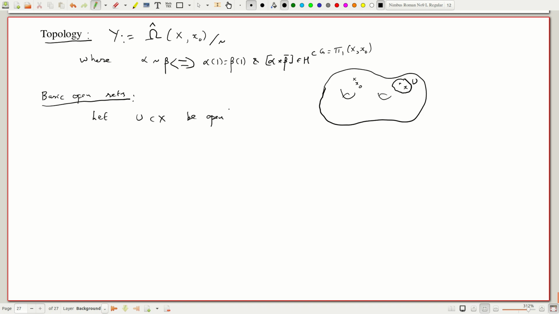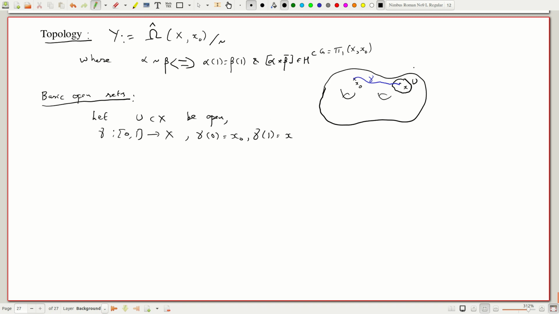Since we want to deal with paths, let us fix one path, call it gamma, a path from 0 to 1 to x, where gamma of 0 is x0, and gamma of 1 is x.